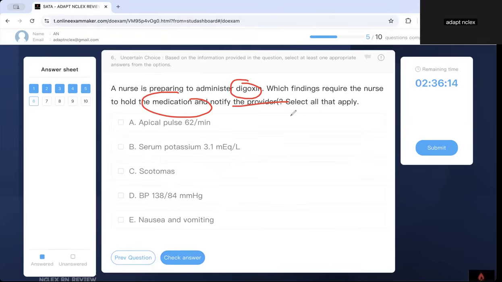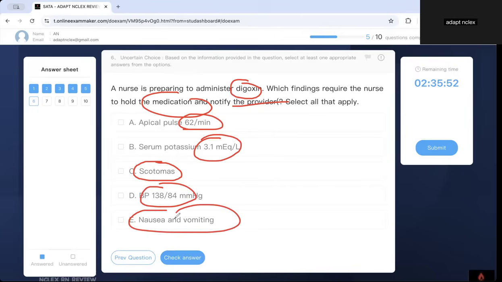Therefore, what do you think? Apical pulse of 62. Think about it. Serum potassium of 3.1. Think about it. Scotomas. Think about it. Blood pressure 138/84, and nausea and vomiting.